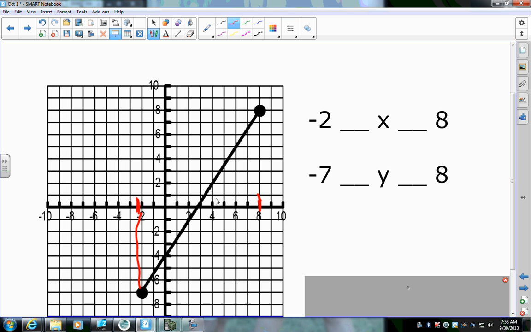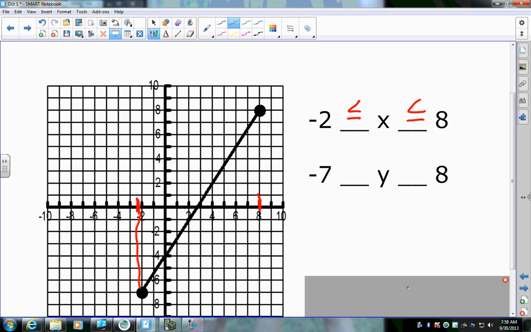Now, X is all these numbers in between. I know my symbols are going to look like this because you put the small number to the left, large to the right. Do I put an equal to bar, or do I just leave it alone at -2? If it's a darkened circle, I put equal to. And then again at 8, it's a darkened circle, so I put equal to.